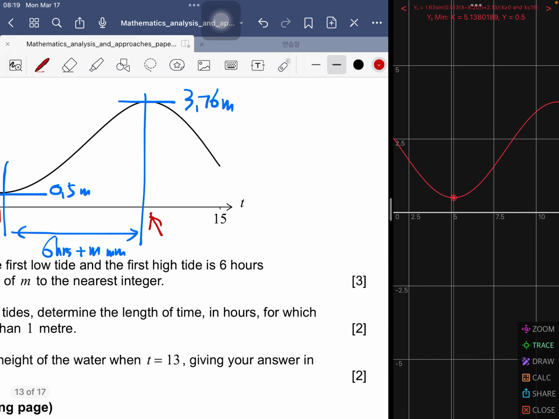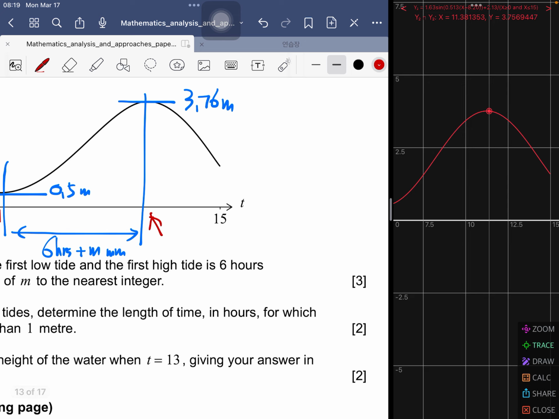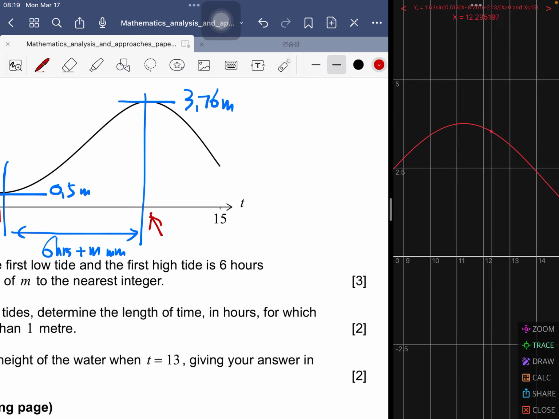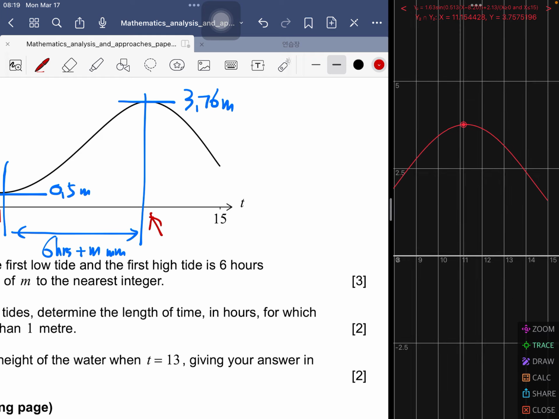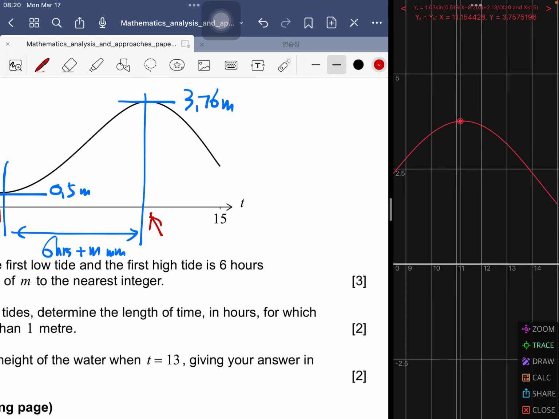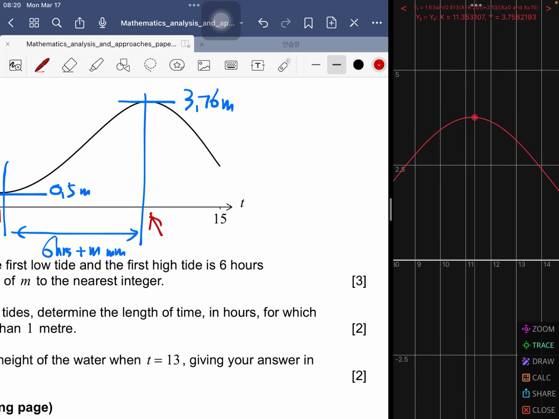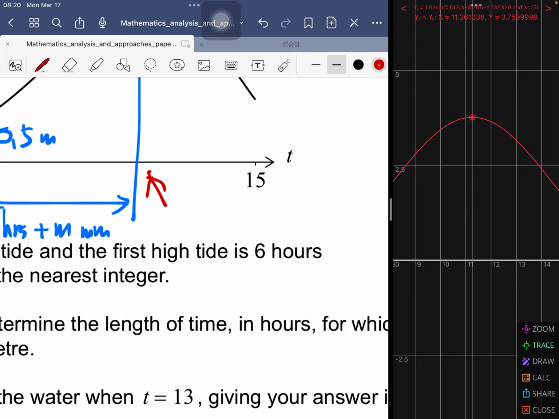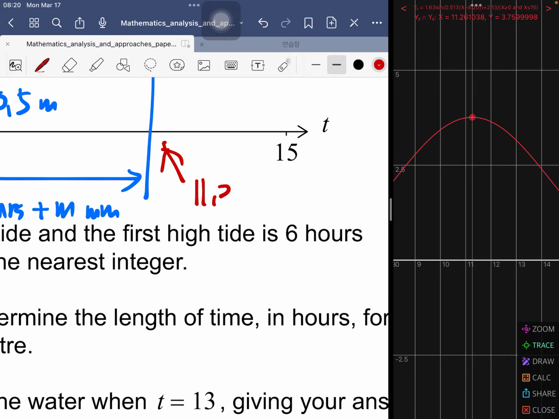We can find it on the graph. So it's 11.26.